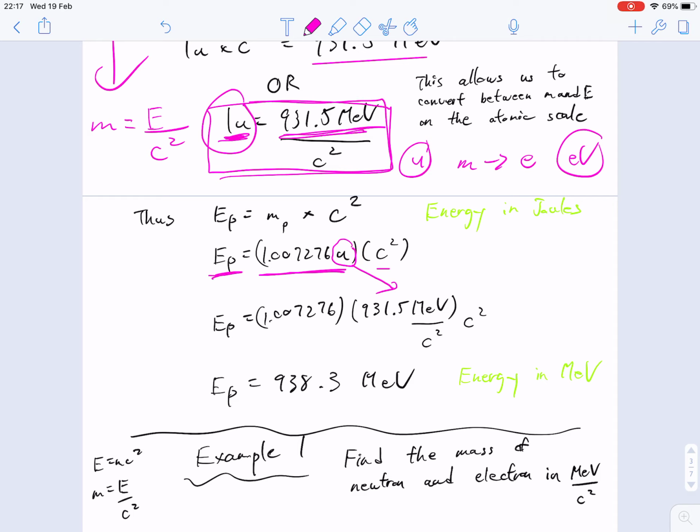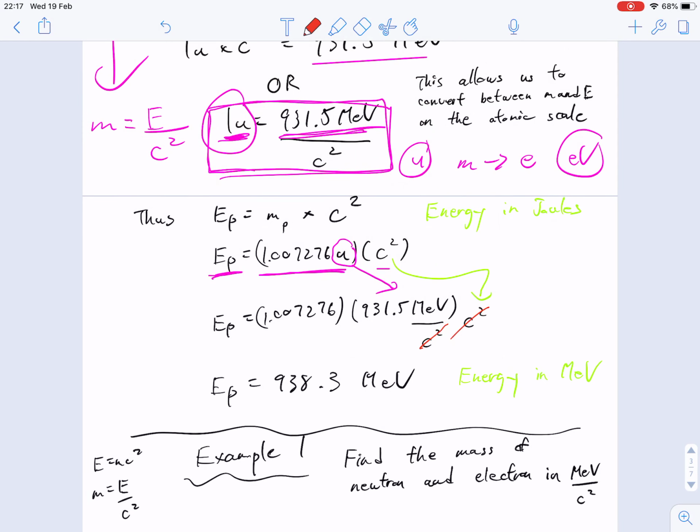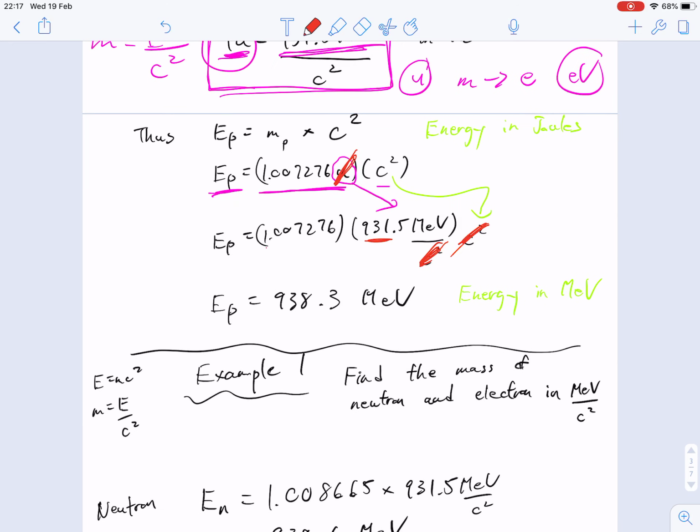So we're replacing the U directly with this, and then what you're actually seeing is that the c carries on over here, and thankfully the c's cancel. So we've eliminated U and we've eliminated c. We're destroying 2 constants with a single one. So we multiply the 2, and that's how much energy it has. Mega electron volts. Don't forget, this is 938.3 times 10 to the power of 6 regular electron volts. So mega is 10 to the power of 6.